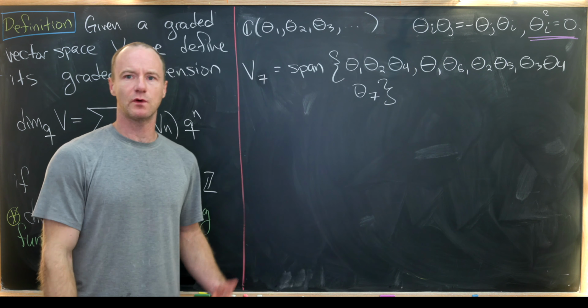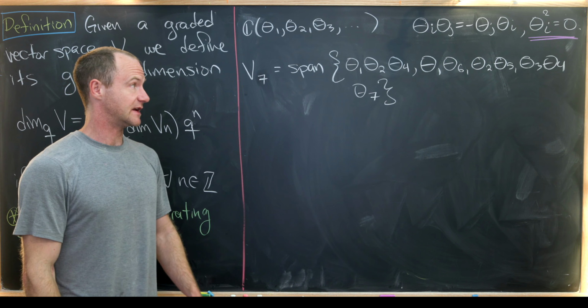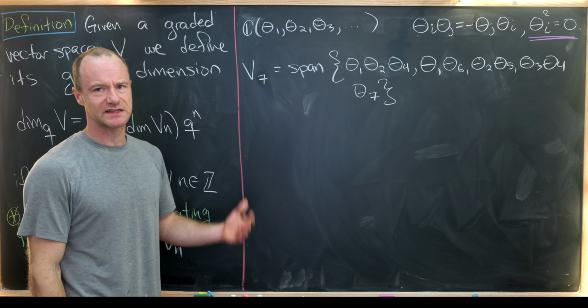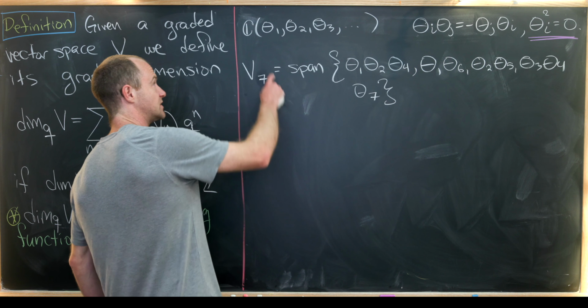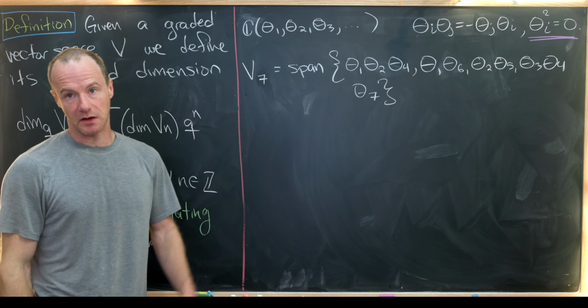So just as an example, let's look at the basis of the 7th graded component, where we're taking the grading similarly as before. So the weight of theta m is m. Note that we cannot repeat any of the thetas because of this rule right here. So we would take as a basis theta 1, theta 2, theta 4.